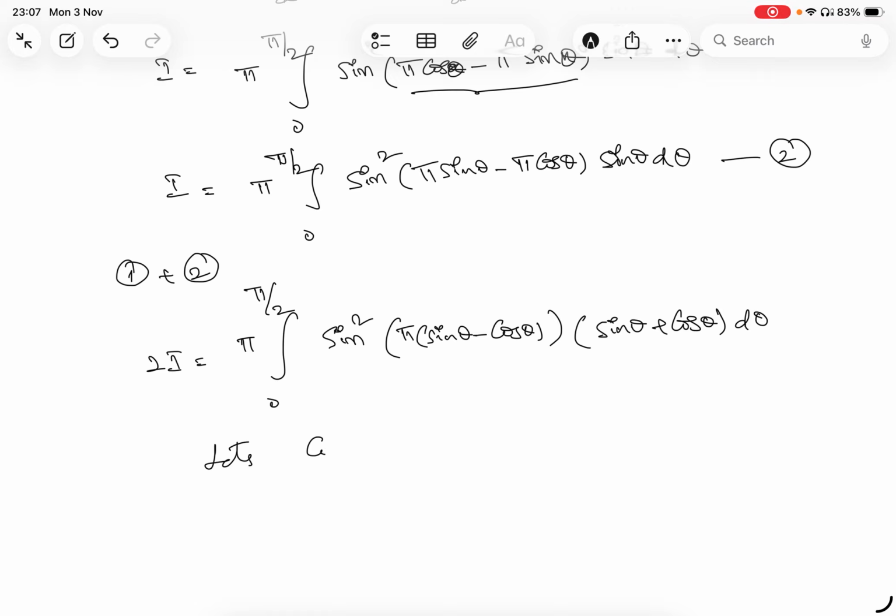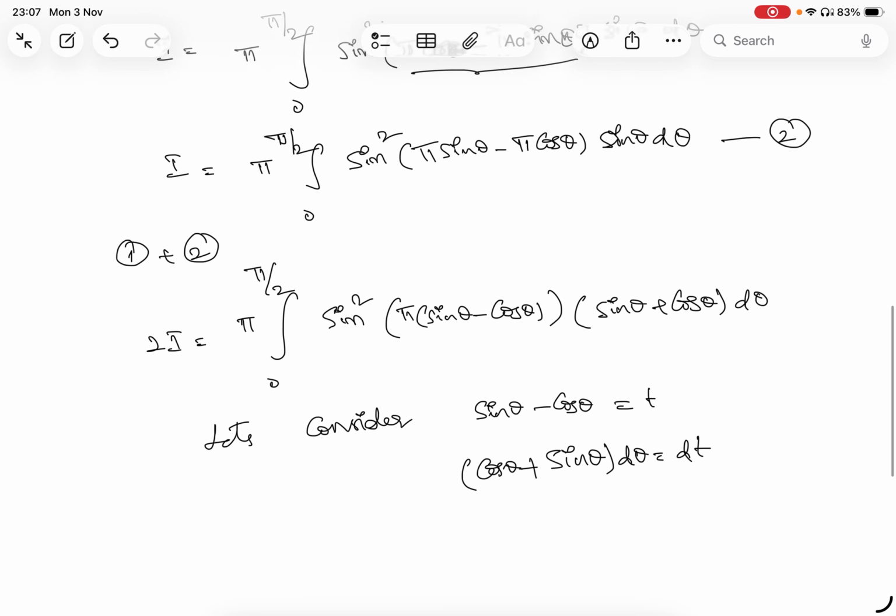Let's consider sin theta minus cos theta as t. Then sin theta differentiates to cos theta, and cos theta differentiates to minus sin theta, minus of minus gives plus sin theta, so (sin theta plus cos theta) d theta is dt.